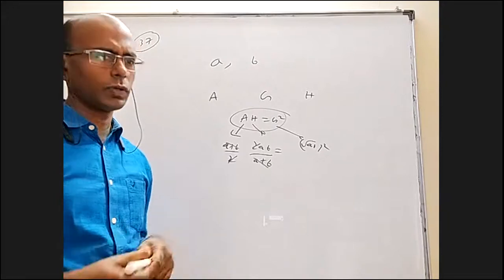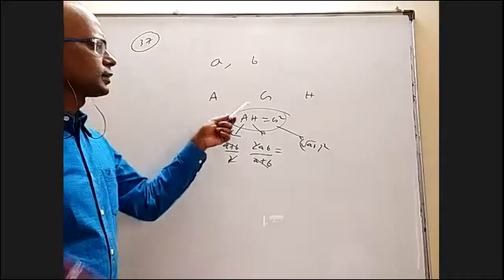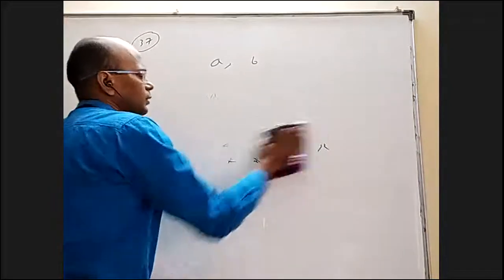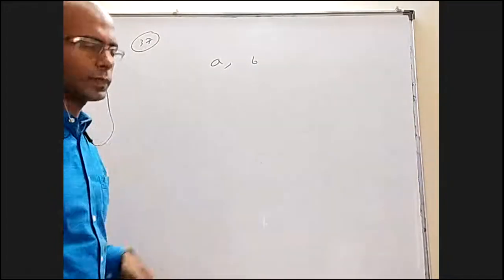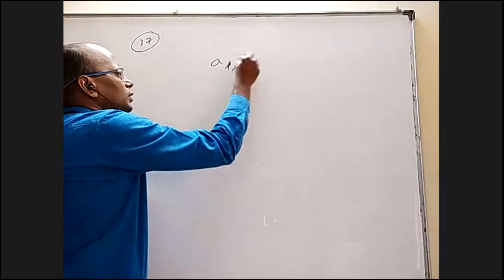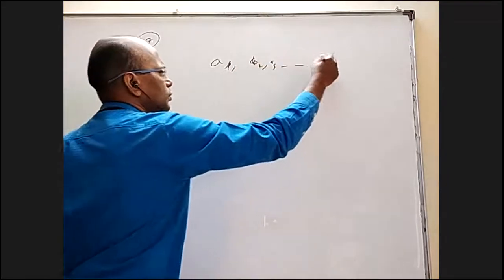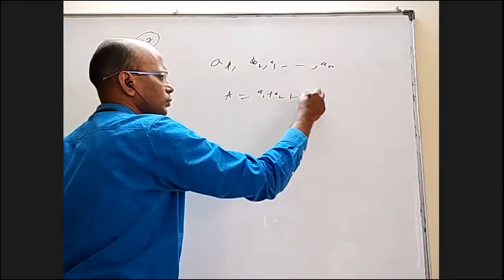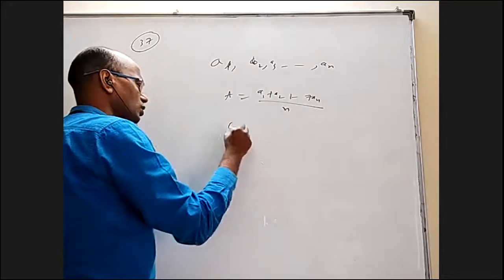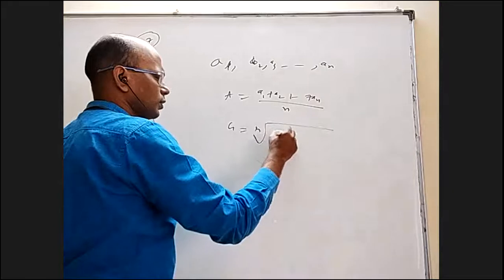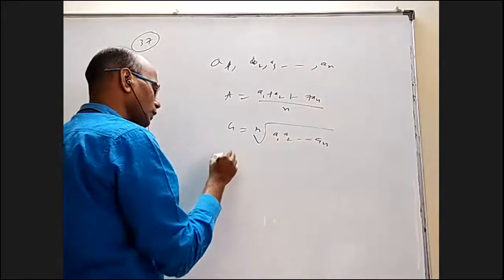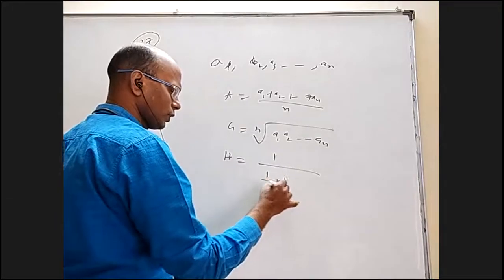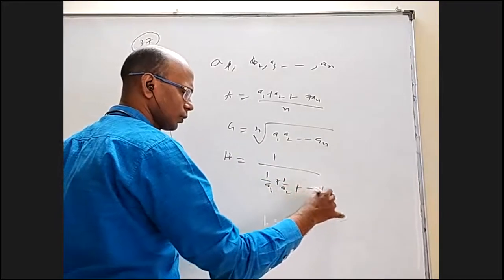Yes, sir. Okay. So that is only for two numbers, but I don't think it is true for n numbers. If I take n numbers, A1, A2, A3, and so on up to An, arithmetic mean is (A1 plus A2, and so on up to An) by n. Geometric mean is the nth root of their product A1, A2, and so on up to An. Harmonic mean is n divided by (1 by A1 plus 1 by A2, and so on up to 1 by An).